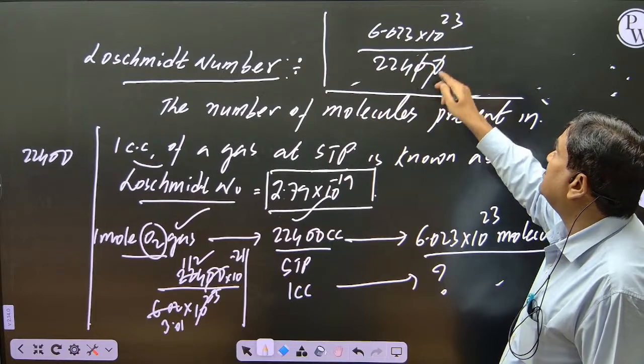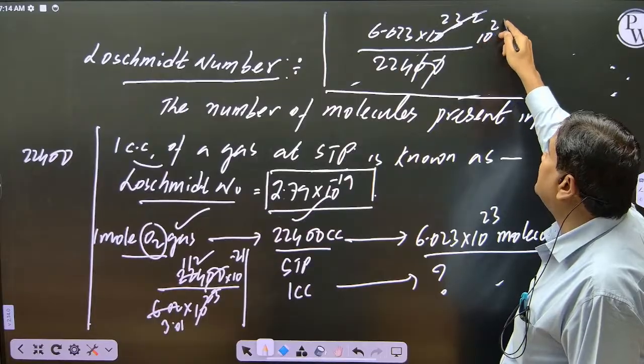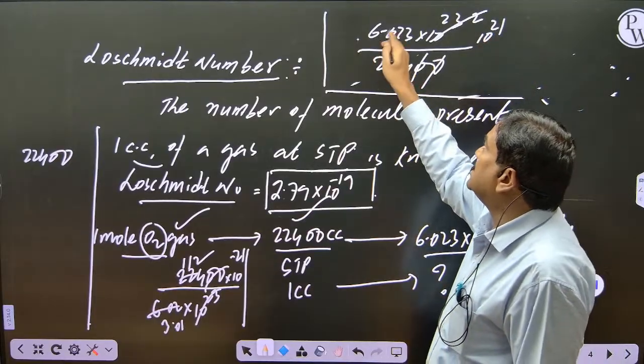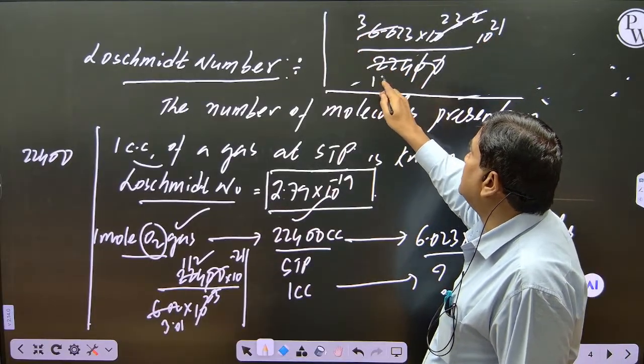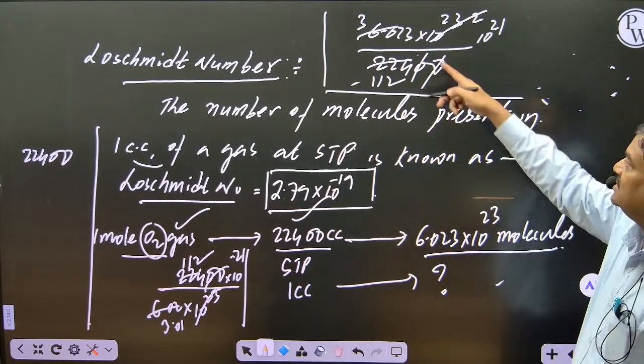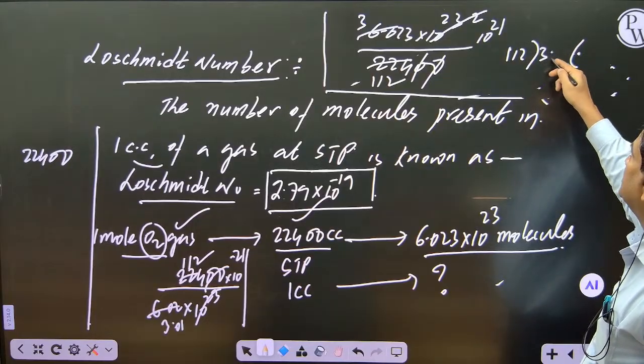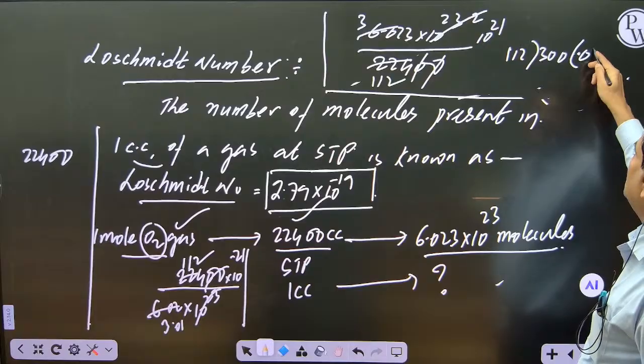These two zeros I bring to the numerator, that becomes 10 power minus 2, this makes 10 power 21. So this comes 2 3s are 6, 2 112s are 224. Now previously we did 112 upon 3, so it is not 3 upon 112. Divide 112 upon 3, that comes 0.0 2 times.